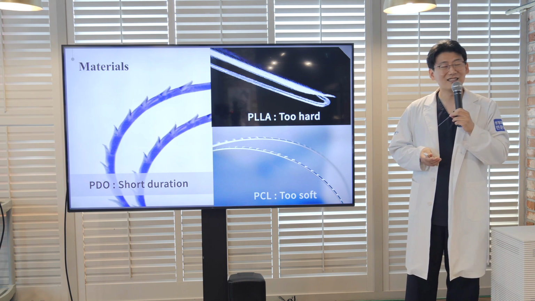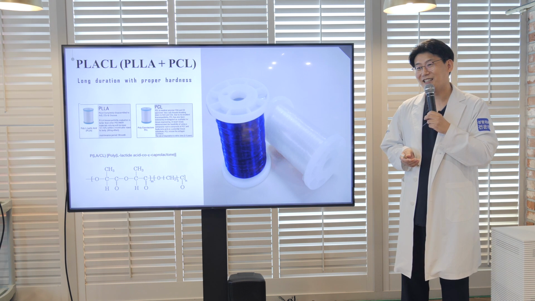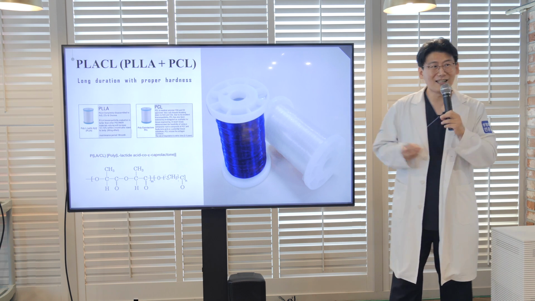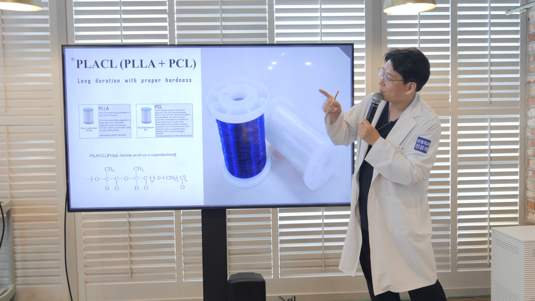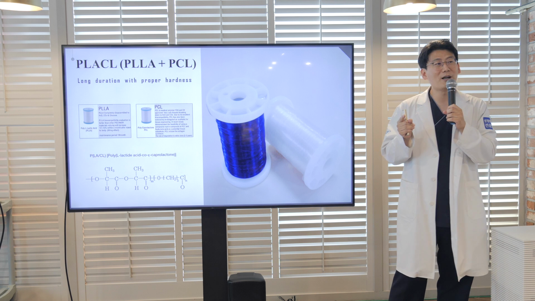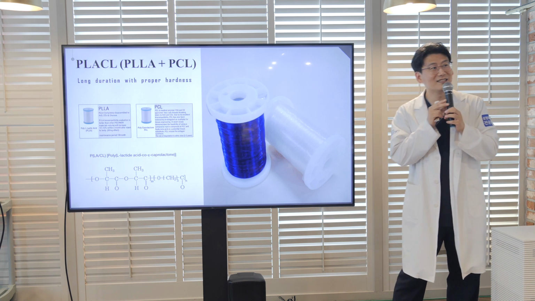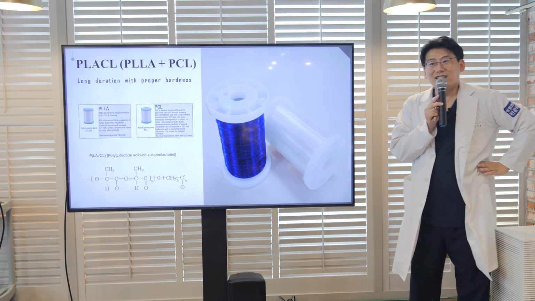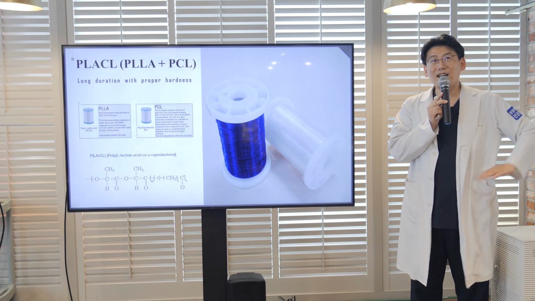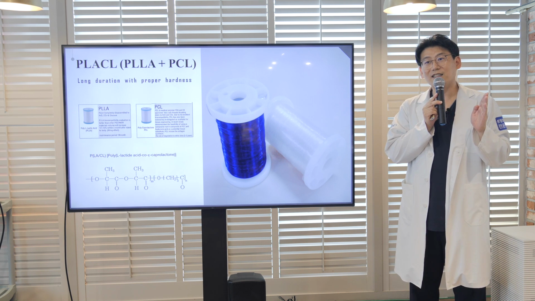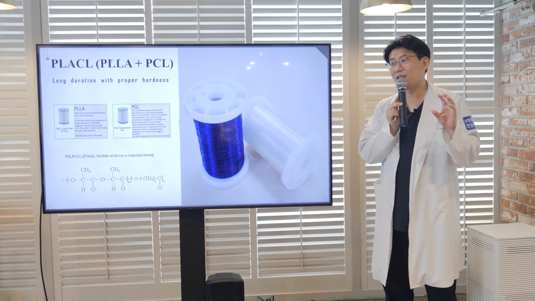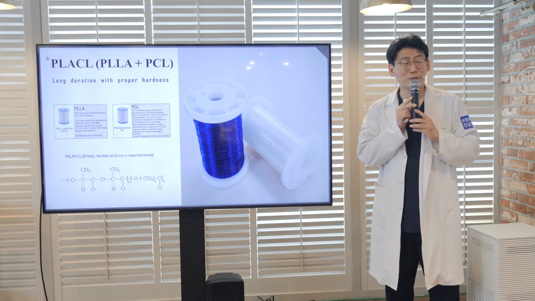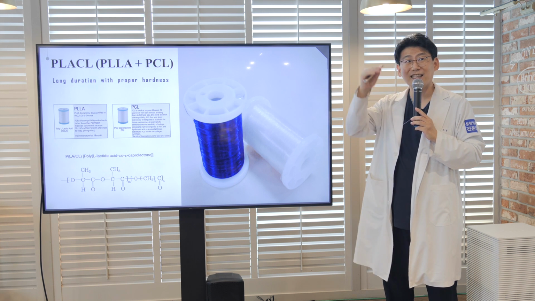Finally, they mixed them together. It's called PLACL, the compound of PLLA and PCL. It goes for at least 18 months, and the hardness is like that of PDO. It's very useful. It also has very high plasticity.